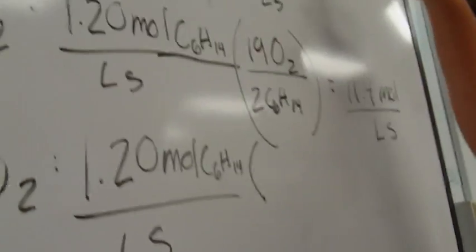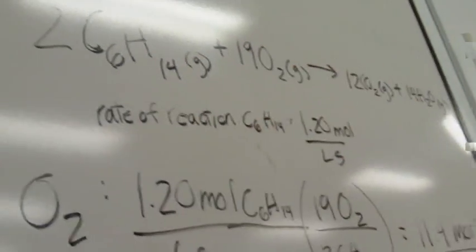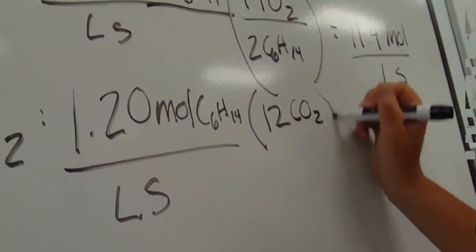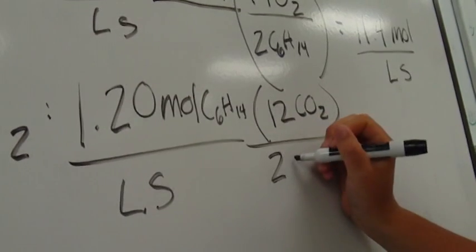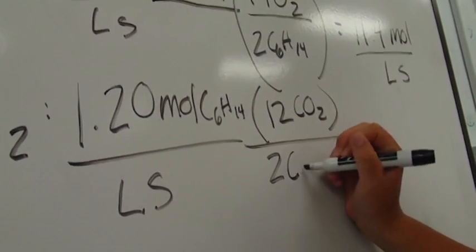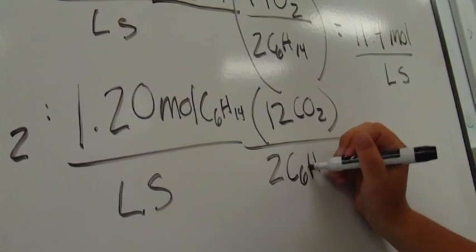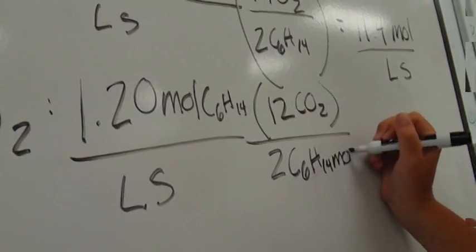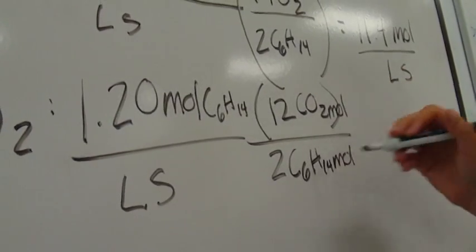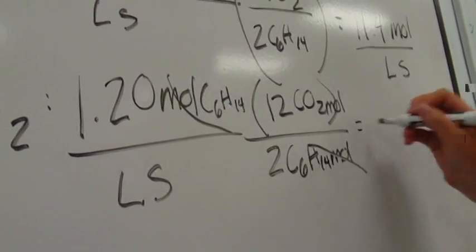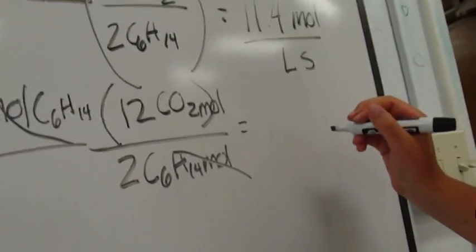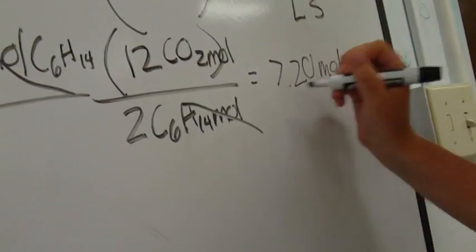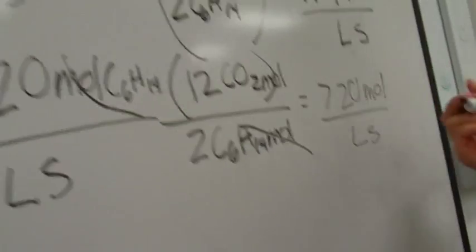In this case, there are 12 moles of carbon dioxide for every 2 moles of hexane, so 12 CO2 for 2 moles of C6H14. And multiplying that across, we get 7.2 moles per liter per second.